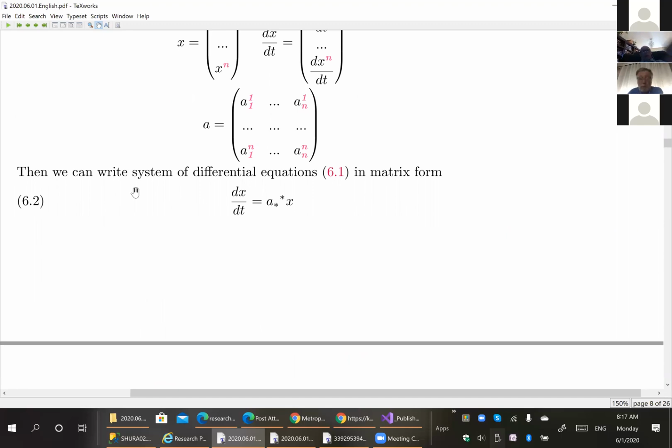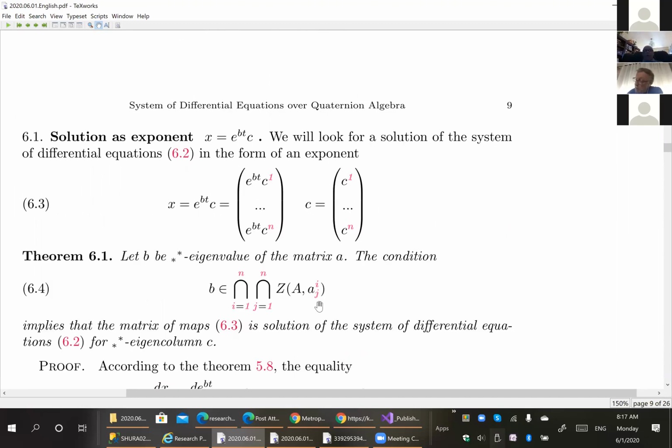And let b commute with each entry of the matrix A. This condition implies that the matrix of map 6.3 is a solution of the system of differential equations for the eigenvector column c.